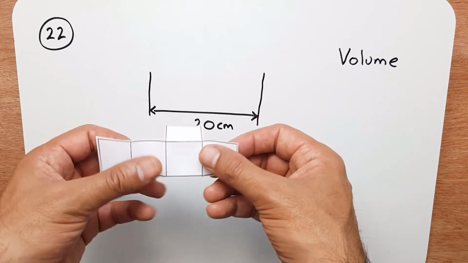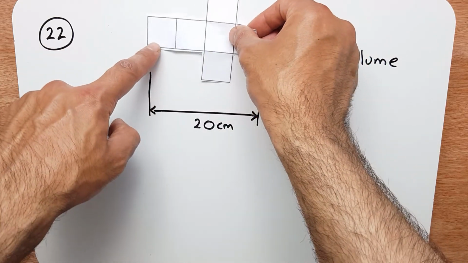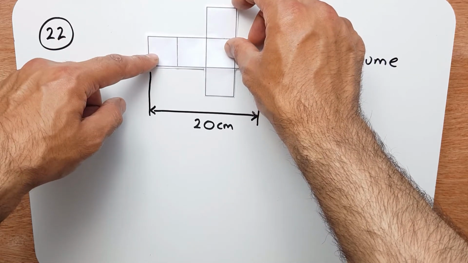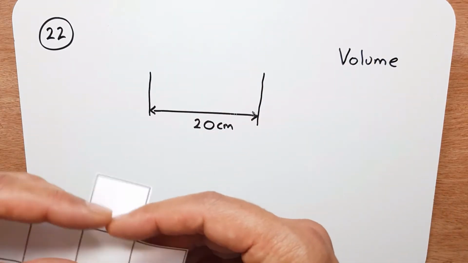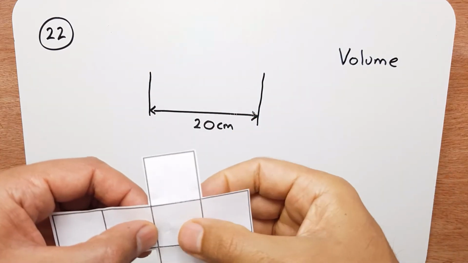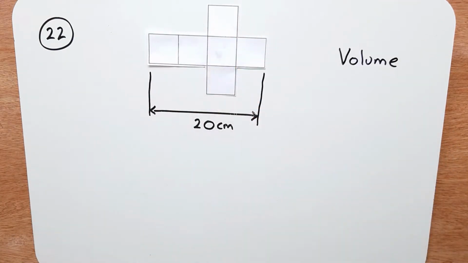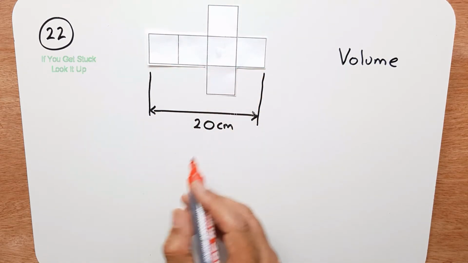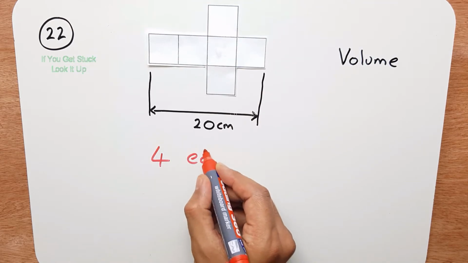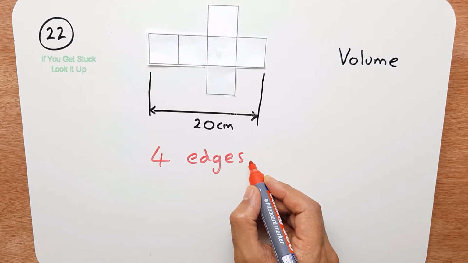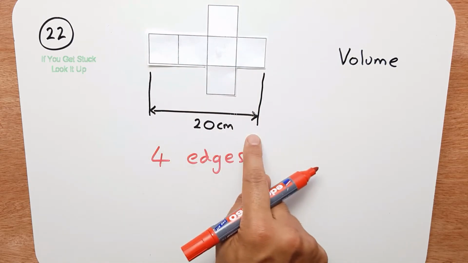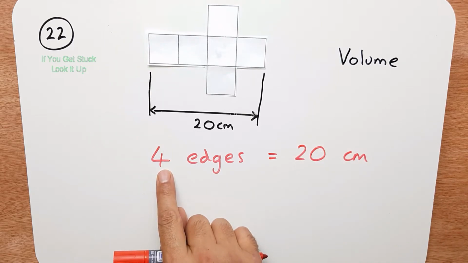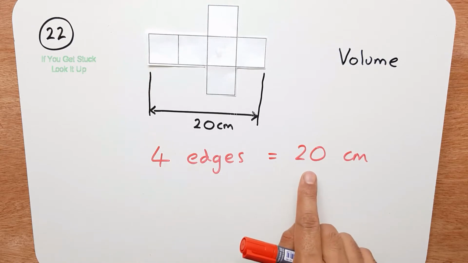So now when I open this, if you look at this carefully, you have 1, 2, 3, 4 edges. So 4 edges. And the 4 edges equal 20 centimeters. So one edge must be equal to 5 centimeters.